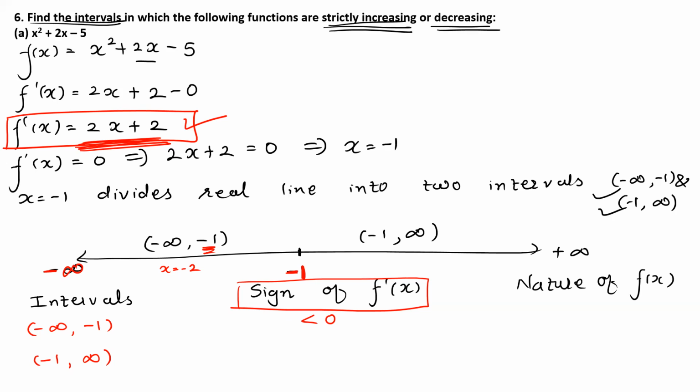You can check it yourself. If you put minus 2 in f dash x, it is 2 into minus 2 plus 2, minus 4 plus 2, it is minus 2, less than 0, obviously. That means your function is strictly decreasing.